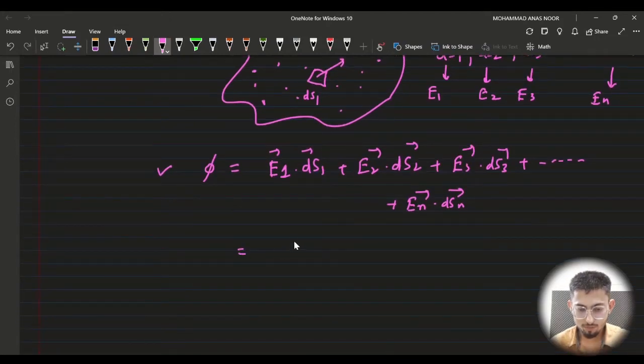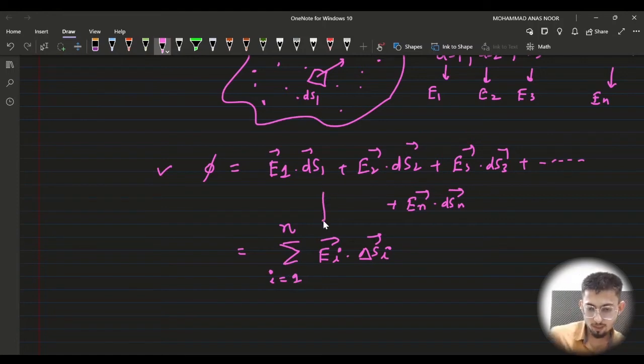So first of all, let's write what would be the final result of this, and then we proceed. The final result would be the summation of Ei dot delta Si, where i goes from 1 to n. I told you last time what summation means. This is the same thing that we wrote above, just the compact form of it.